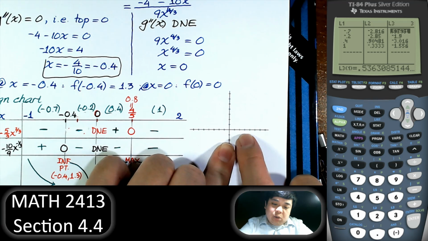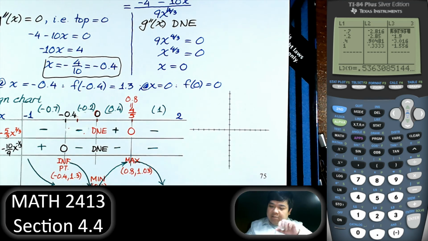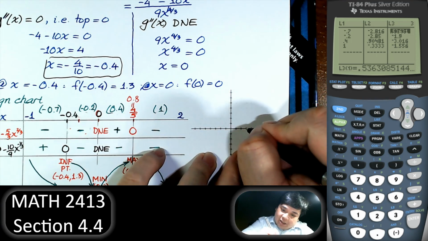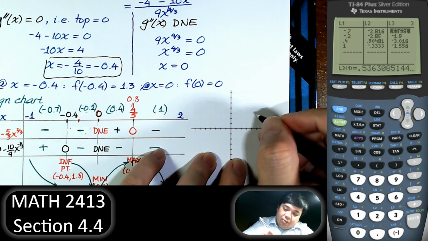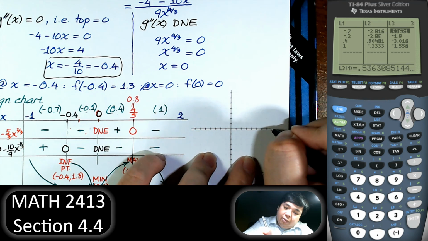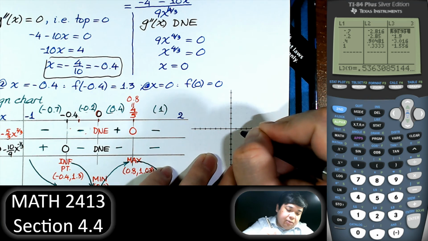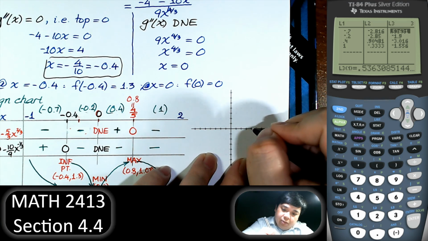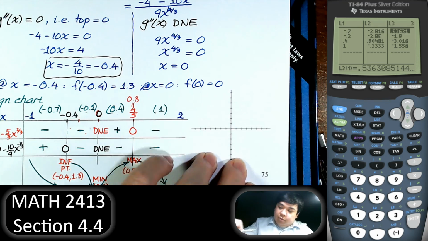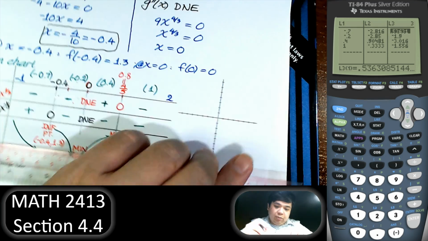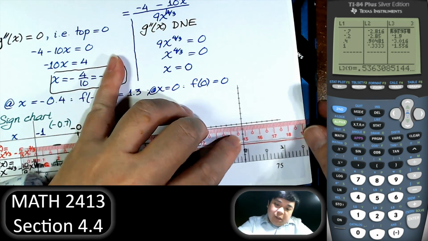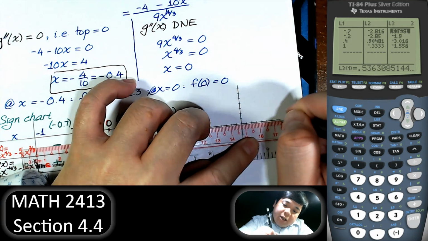Let's see, 1, 2, 3, 4, 5, 6, 7. Right. Let's do that.